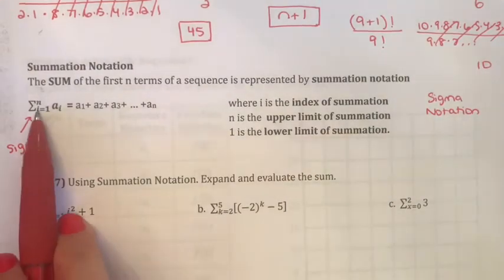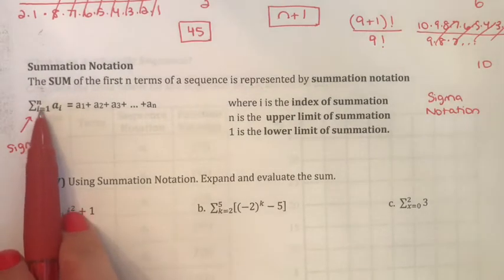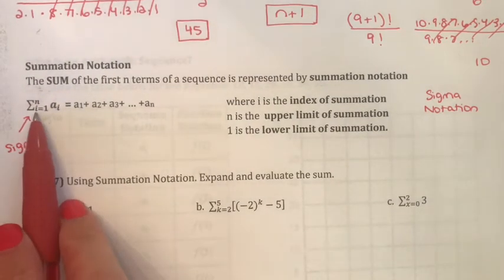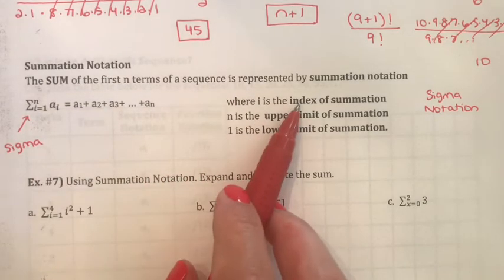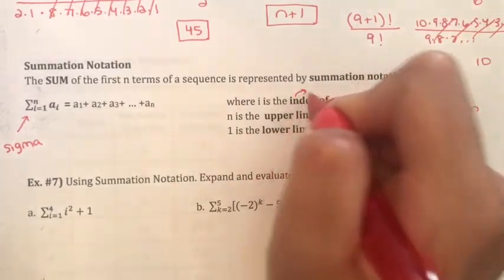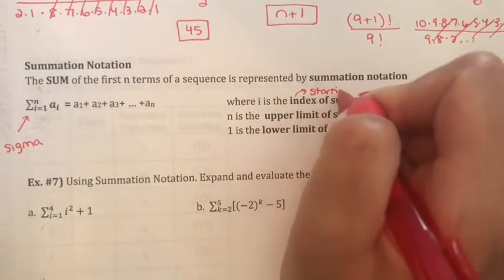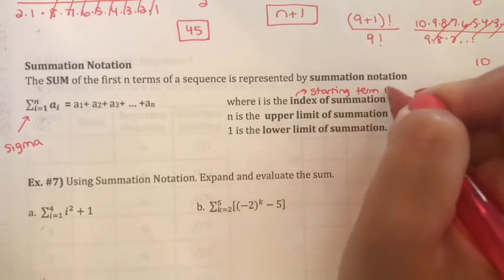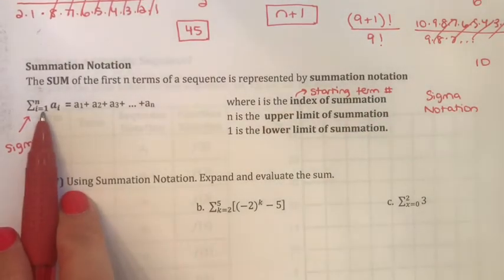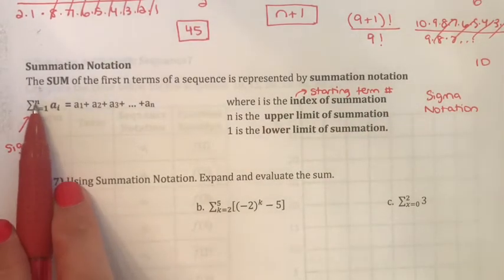So the sigma is going to have 2 numbers usually. The bottom number is often your variable, and it's saying the number that you're starting with. So index of summation means your starting term number. So if I'm starting with 1, that means I'm starting with the first term.